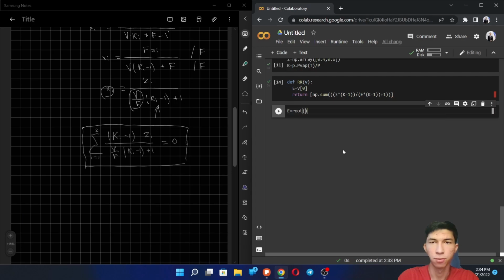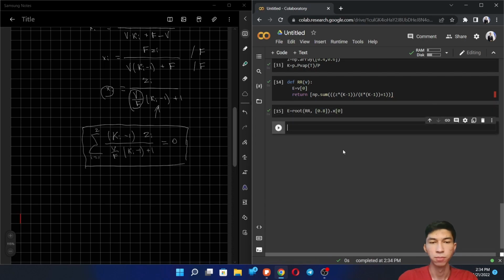For the root solver, we should provide our function, which is RR, the Rachford-Rice equation, and we should provide our initial guess. Let's have 0.8 as the fraction of compounds in vapor phase. We should isolate it and get the first value out of the array, and we run it.